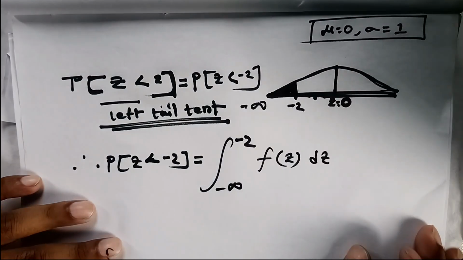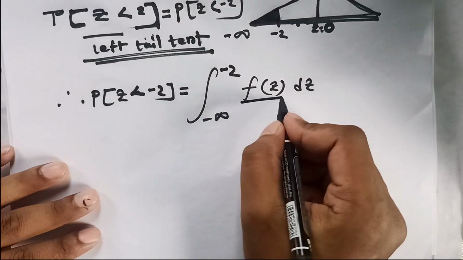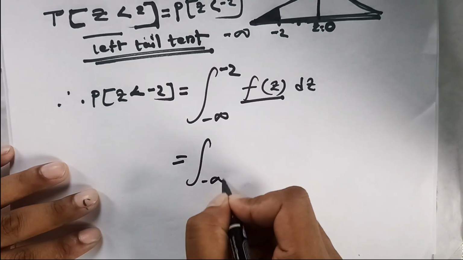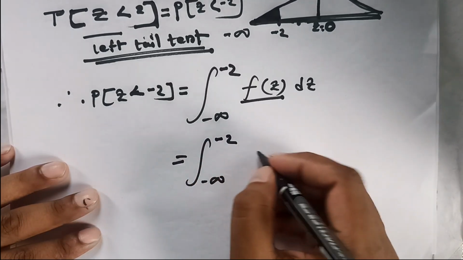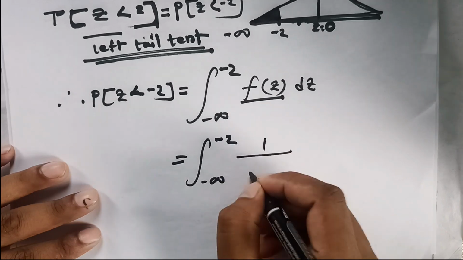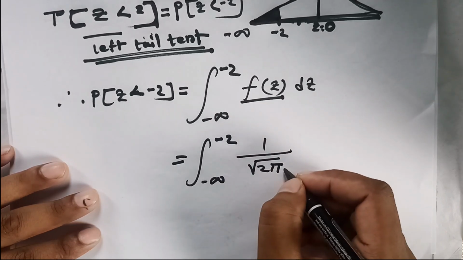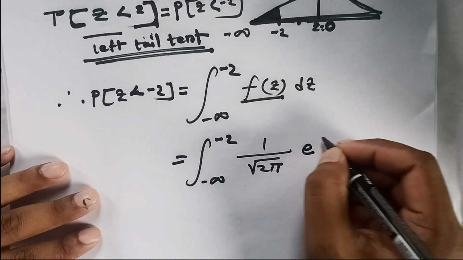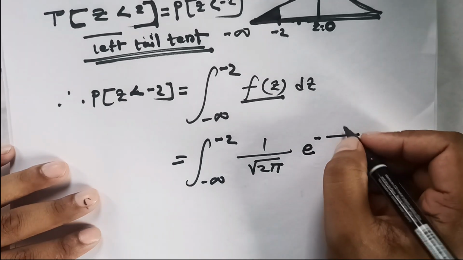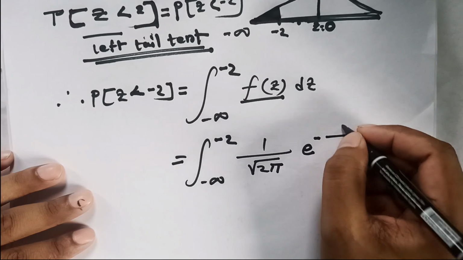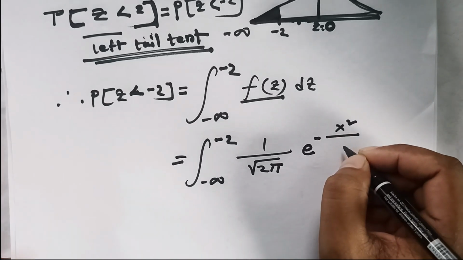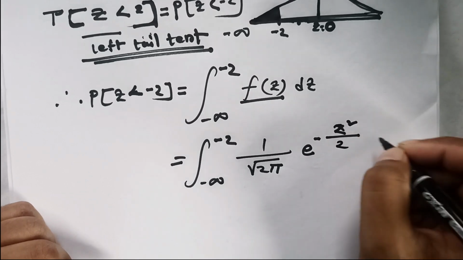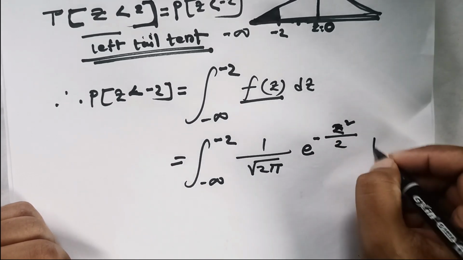And as this is a standard normal distribution, we can write it as -infinity to -2, 1 by √2π, because sigma is 1, so sigma square will definitely be 1, and e to the power minus, as mu is 0, z square divided by 2, and dz.